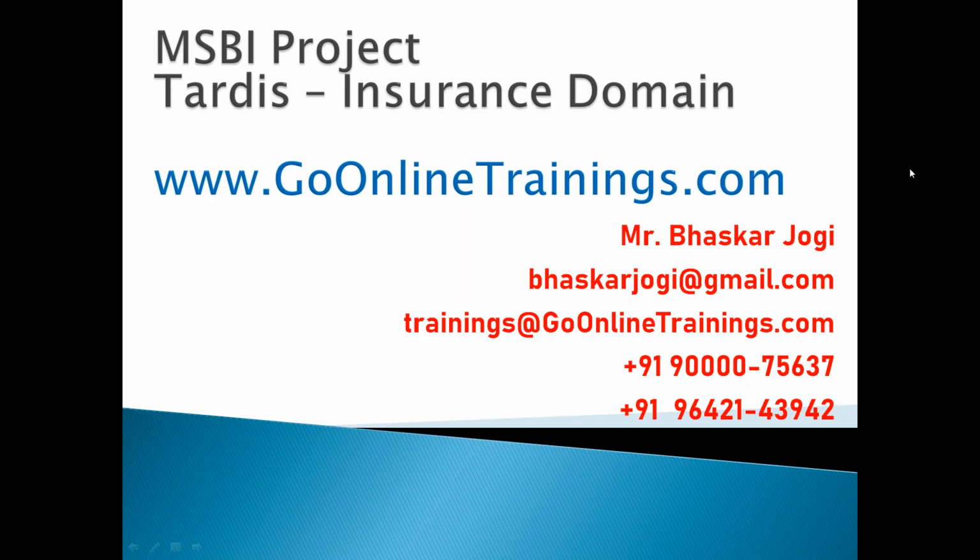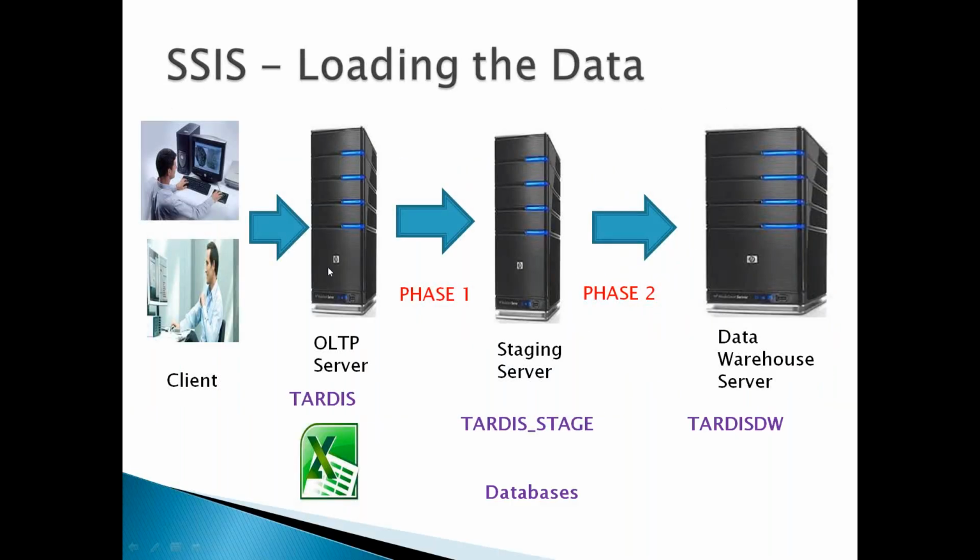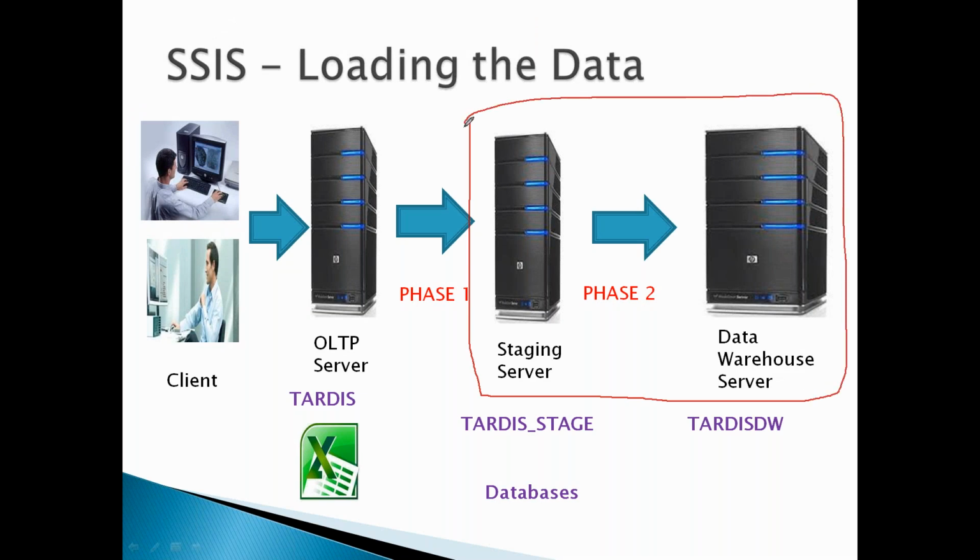So far, we are loading the data from the source system to the staging server. Clear? Many a time you need to understand that staging and data warehousing are available in a single machine.